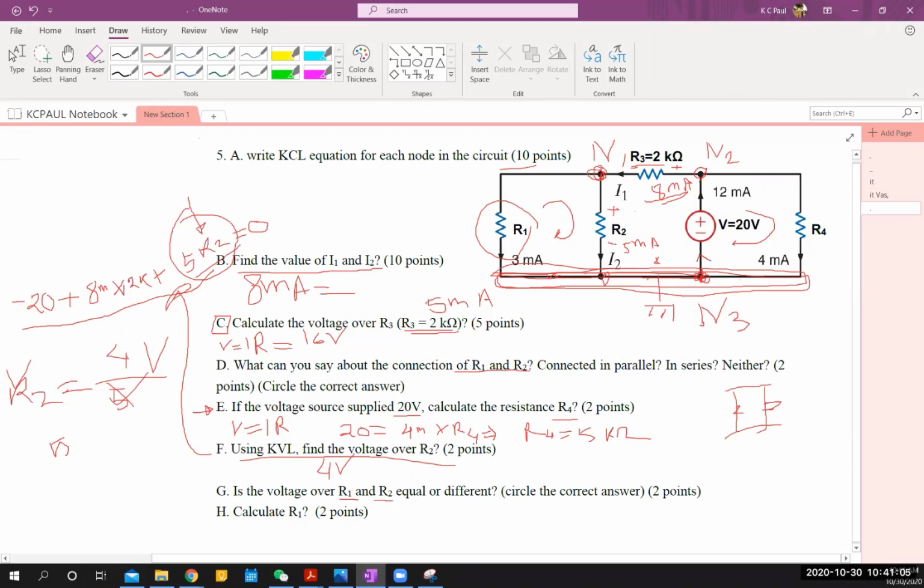Obviously, these two elements are connected in between node 1 and node 3. So obviously, they should have the same voltage, right? Equal voltage. Calculate R1. You already know what is the voltage across these two, right?